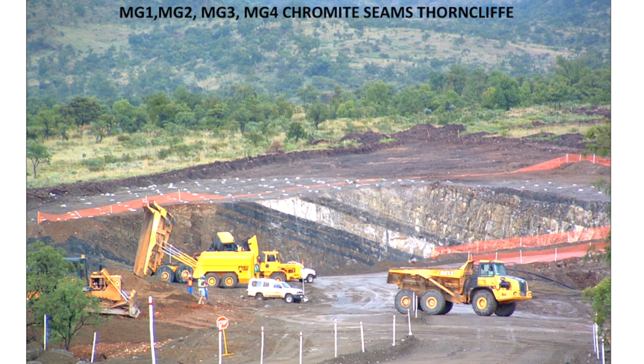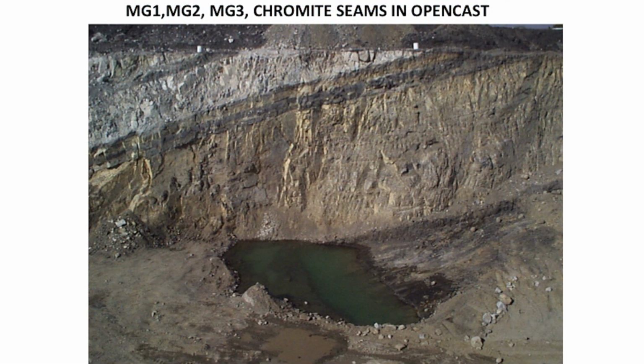And then the MG3 is above the white layer, and then right at the top on the right-hand side is the MG4 chrome seam. So this is again another open cast showing the MG1 in the bottom by the water, MG2 below the white layer, which is mottled anorthosite, and then the MG3 on top of that.